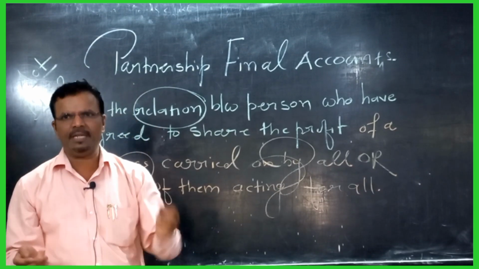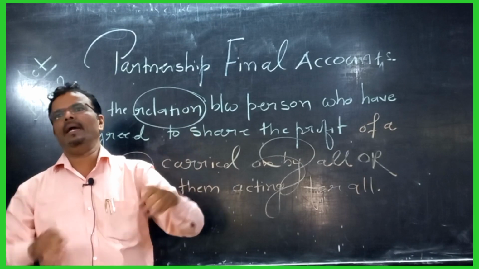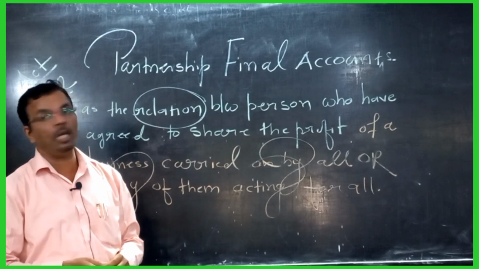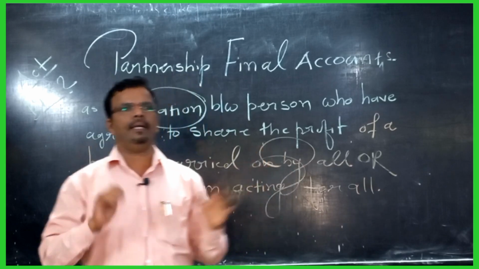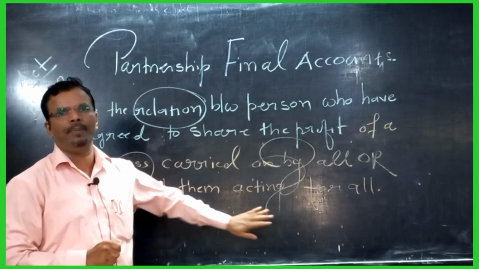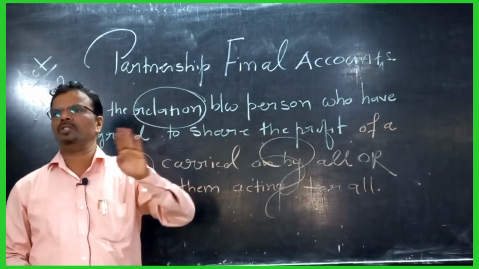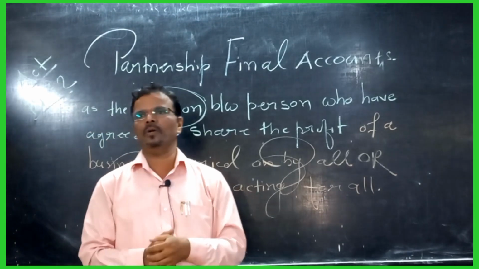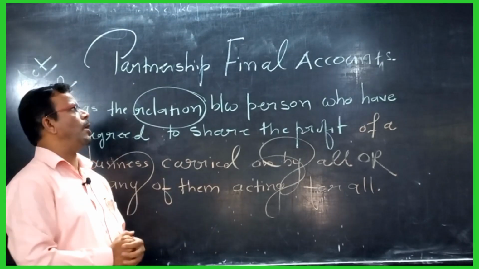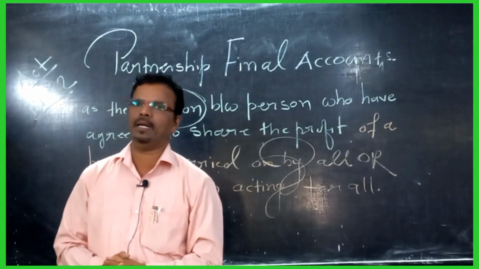The partners will actively participate in the business, or out of two or three, any will act, and the others are sleeping partners. They will just invest their money and will not disturb the business. So out of two or three, anyone can handle the business, and this is known as the definition of partnership final account.